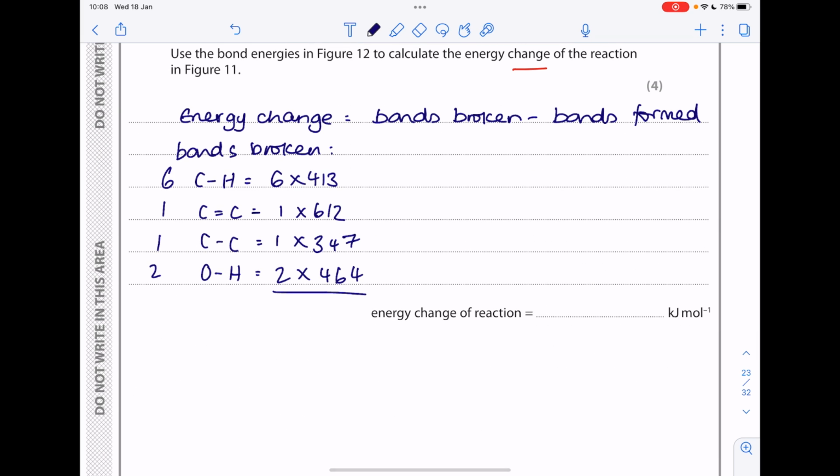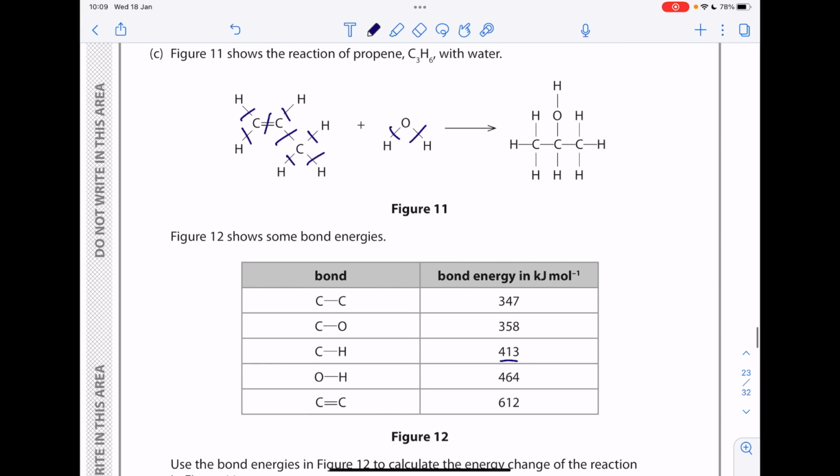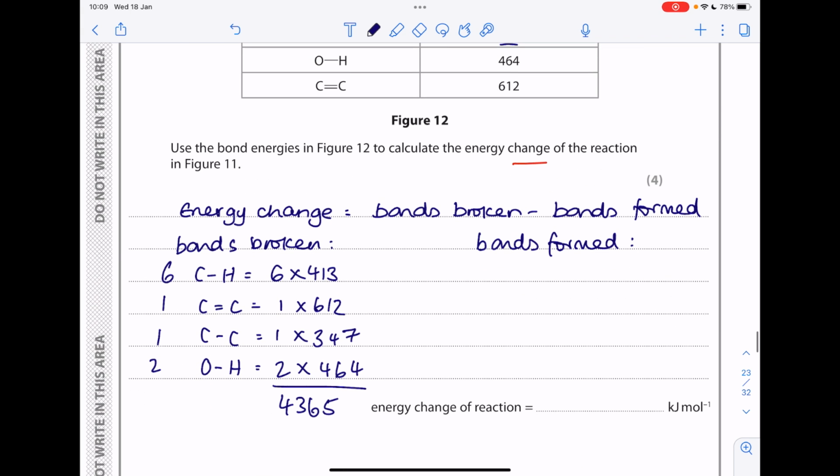And then it's a matter of putting all these numbers into your calculator and adding them all up to give 4,365. What about bonds formed? Got 2 C single bond Cs.